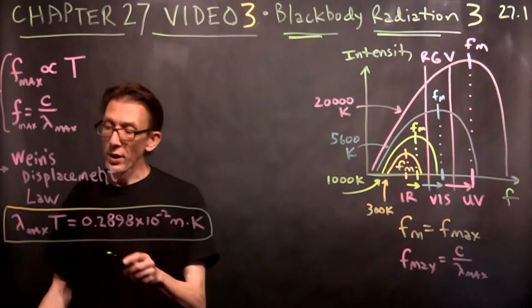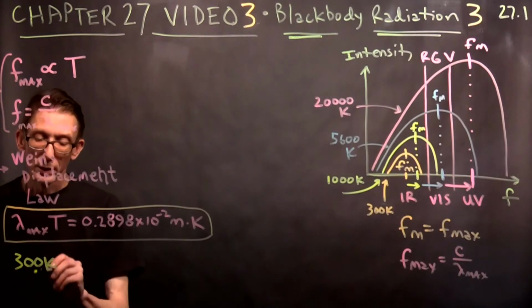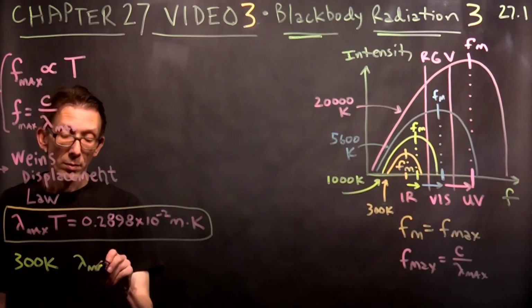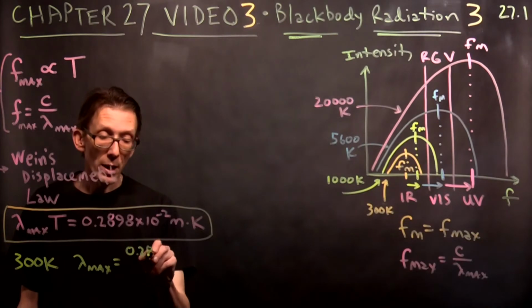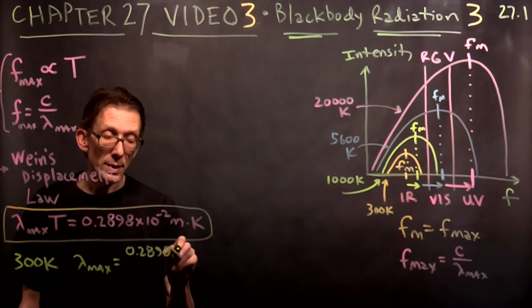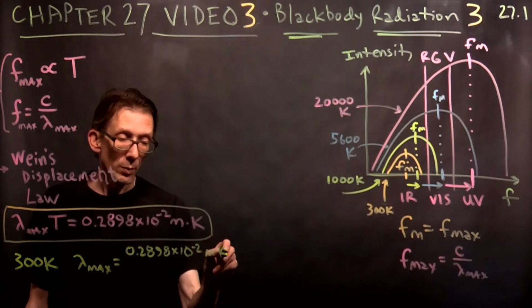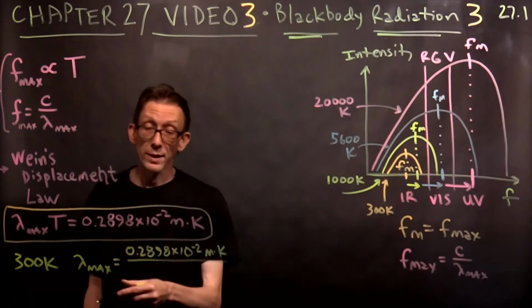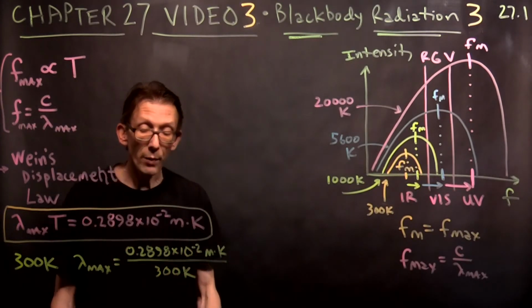So let's say at 300 kelvins, lambda max equals 0.2898 times 10 to the negative 2 meters times kelvins, dividing both sides by T, over 300 kelvins.